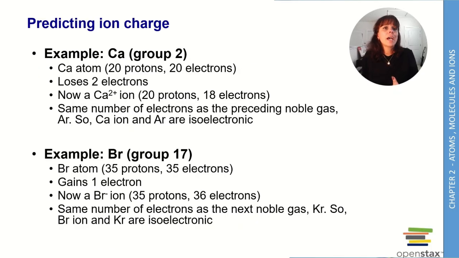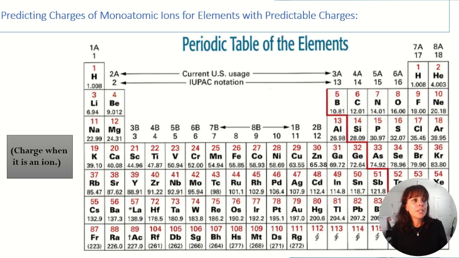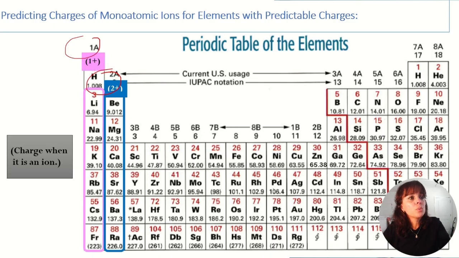So as I said, in the periodic table we can predict the charges, right? I showed you how to predict the valence electrons, and I'm showing here how to predict the charge. Groups 1 and 2 are always +1 and +2.